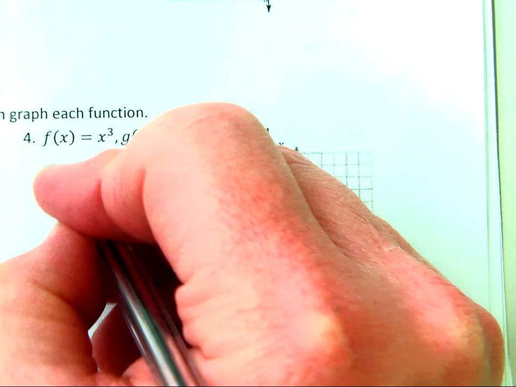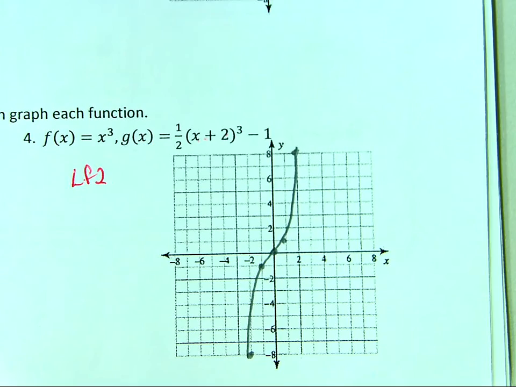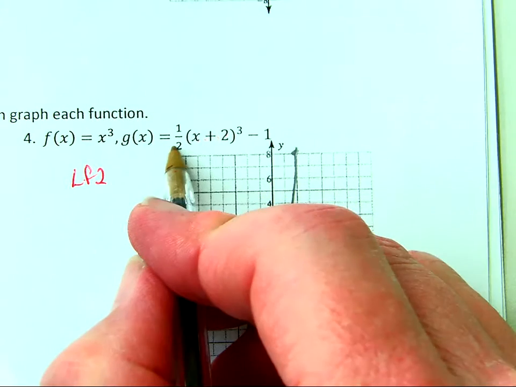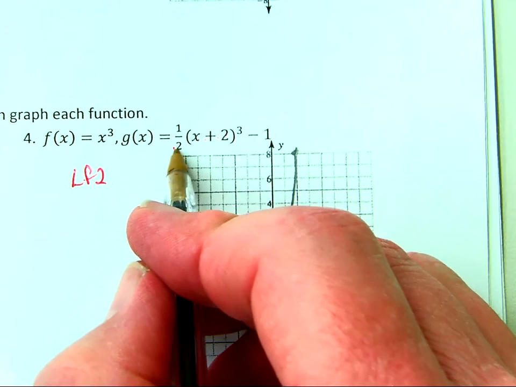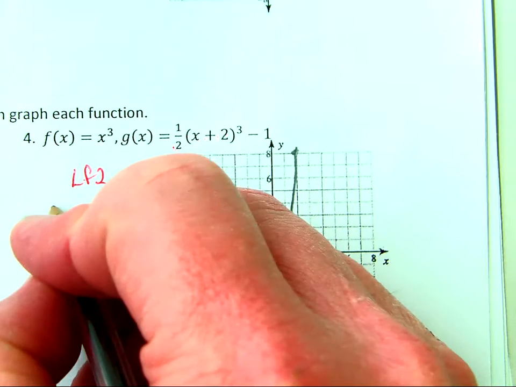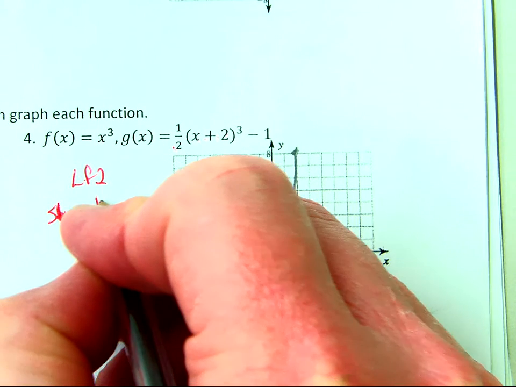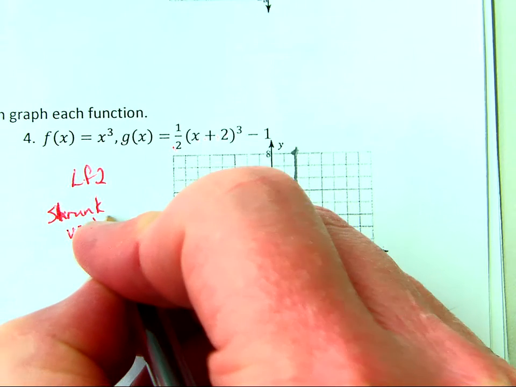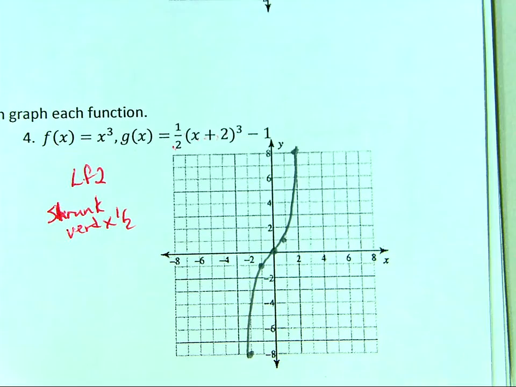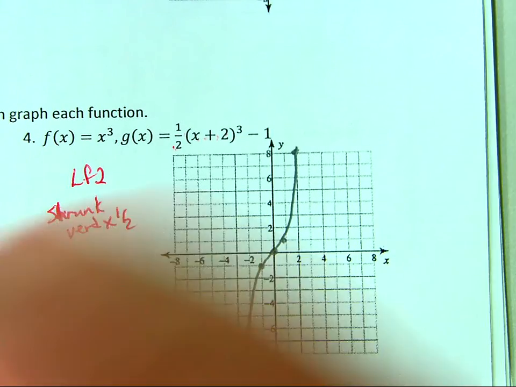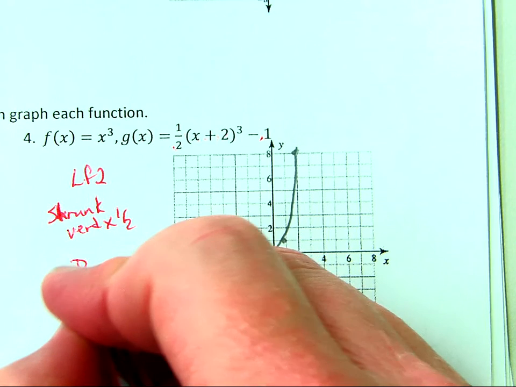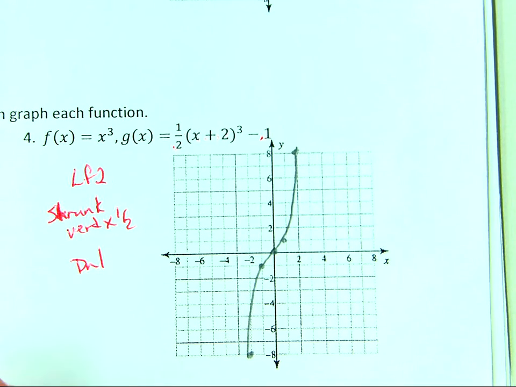X plus 2, that means left 2. Then the next thing is this 1/2 out front. Well, that's our vertical transformation. So that means this one is shrunk vertically by 1/2. If that number is less than 1, then it's shrunk. Then we have a minus 1 out here, that's down 1. It doesn't always make a difference.